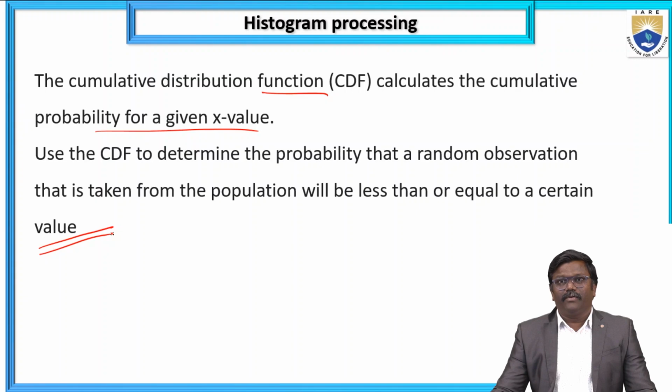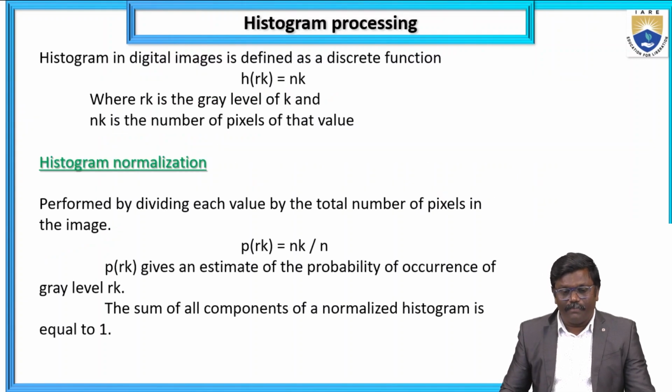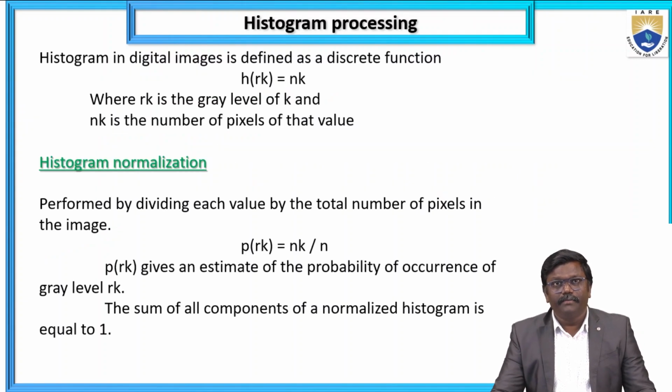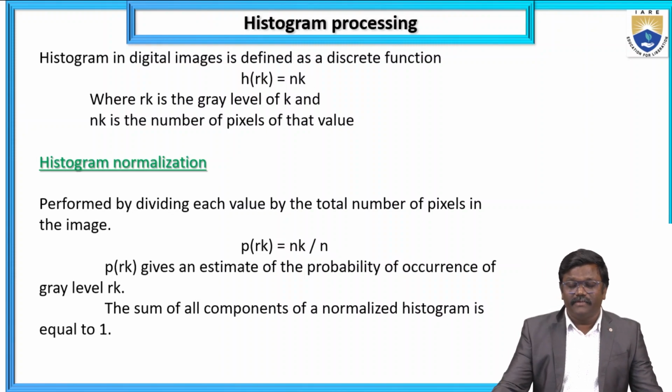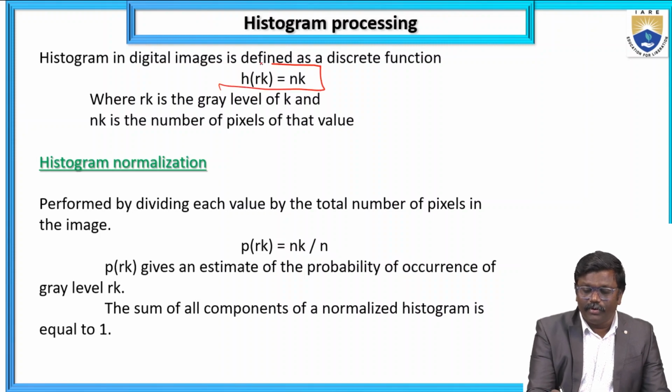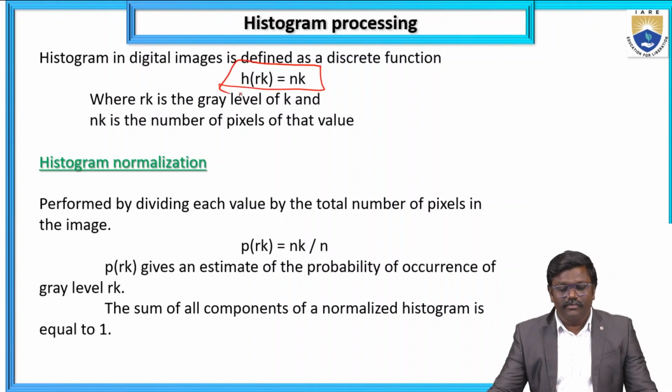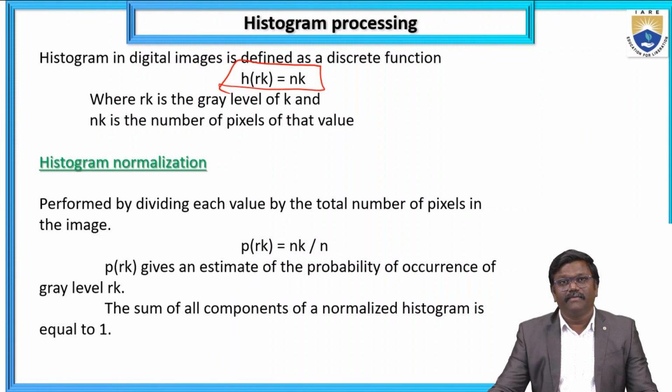So with this, based on the simple block diagram we applied, we proceed to extend the mathematical processing, considered in terms of a discrete function. The histogram in digital images is defined as a discrete function h(rk) = nk.